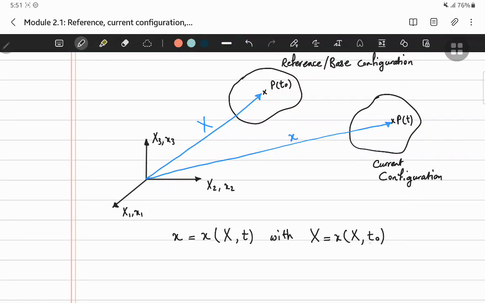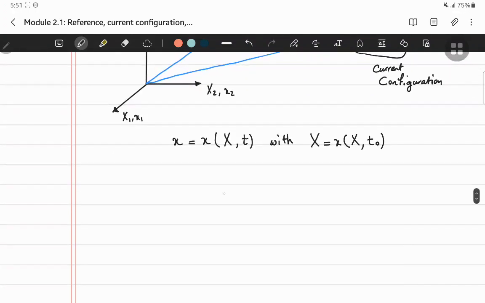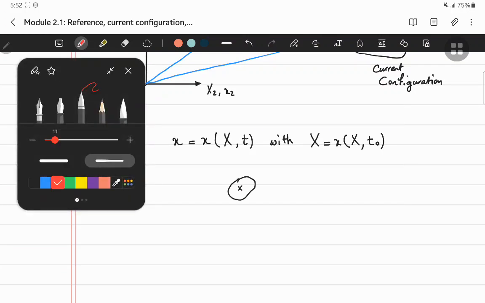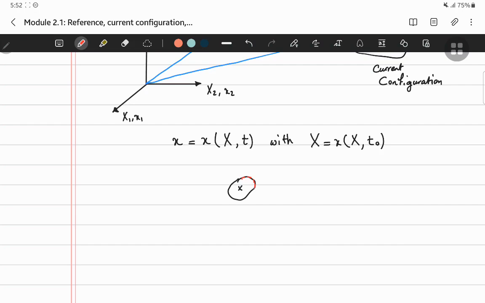So at time t equal to t0, or at initial time, the reference configuration and current configuration are the same. So for example, if you have a configuration like here, and this is the reference configuration, and this is the same particle, and the red dash is actually the current configuration.